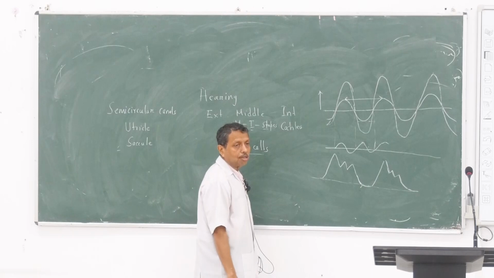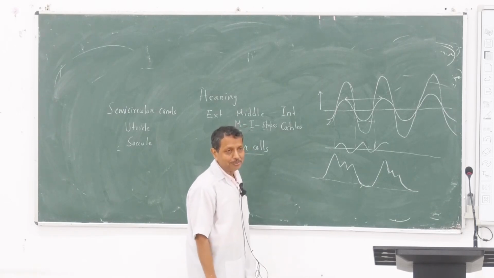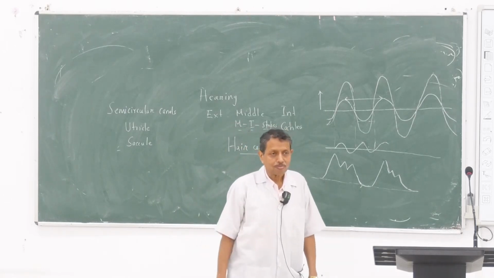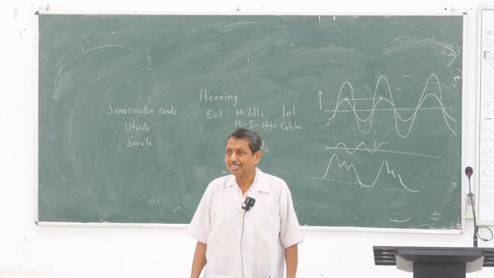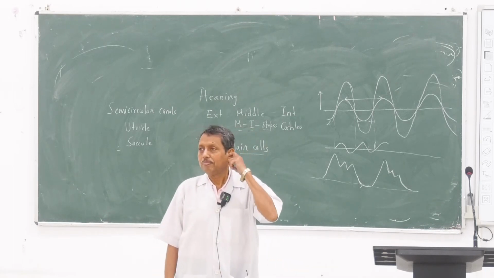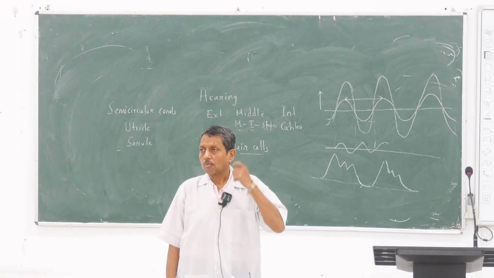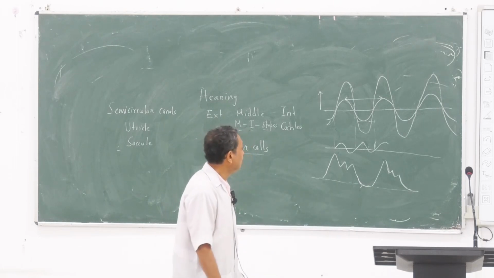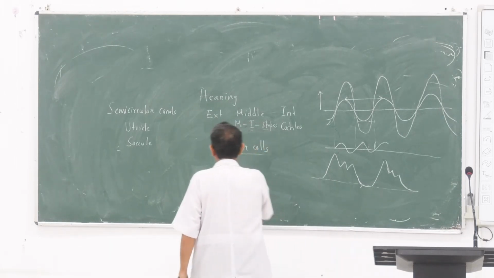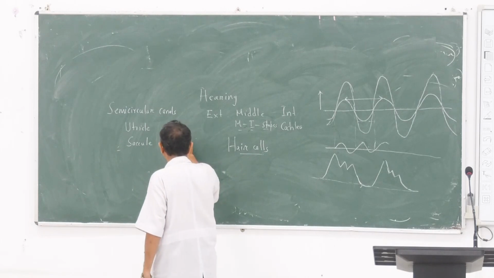But if there is gross irregularity, then it is noise. Now, decibel notation.